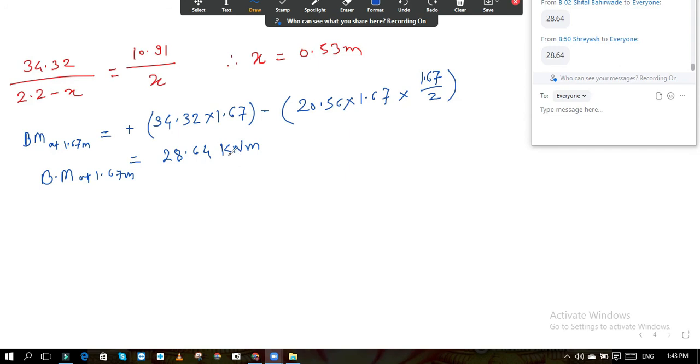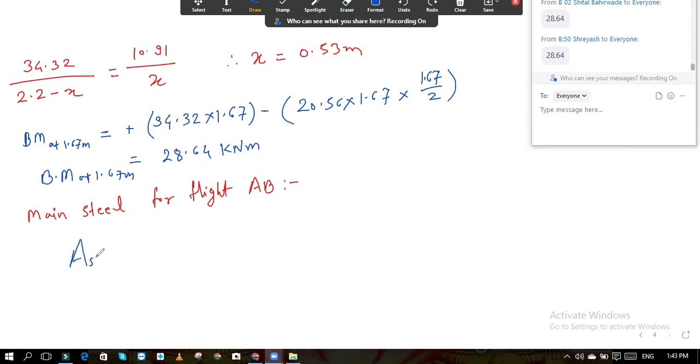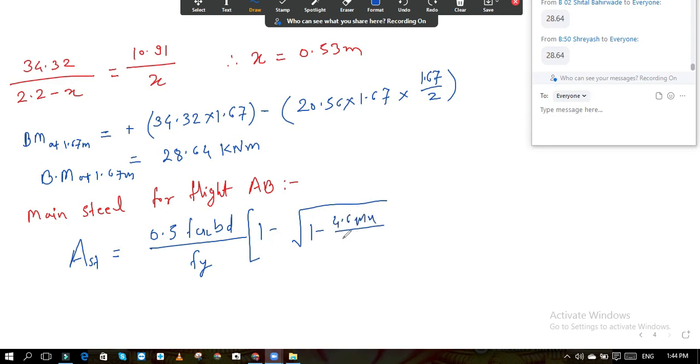So now steel calculation. Again main steel. So our formula of AST I will write over here. Now put the values in this formula and let me know the value of AST.